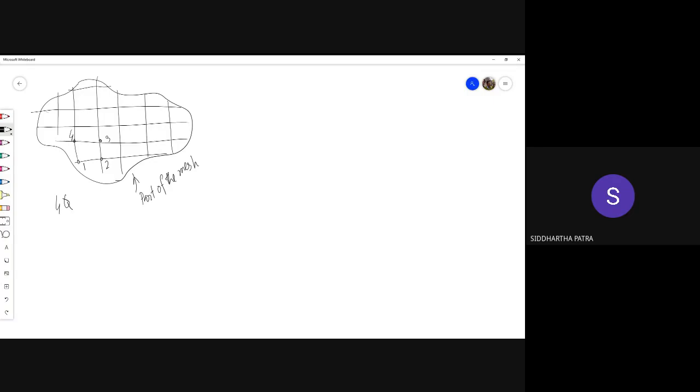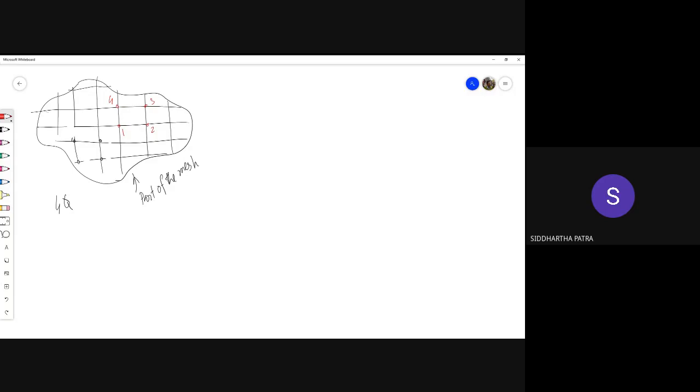Or for that matter, I can take the location of the element at a different region. So 1 2 3 4. For a 4-noded quad element, let's talk about node number 1.